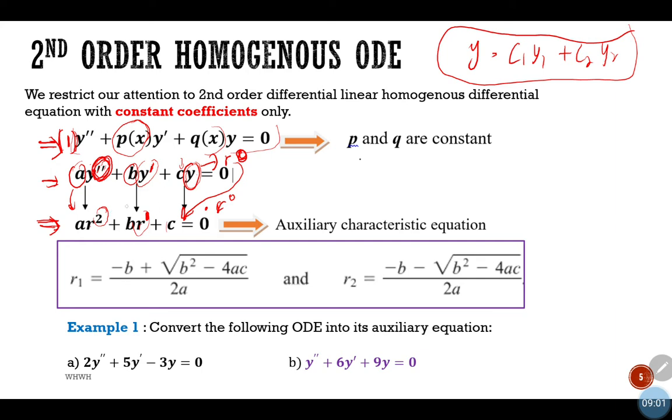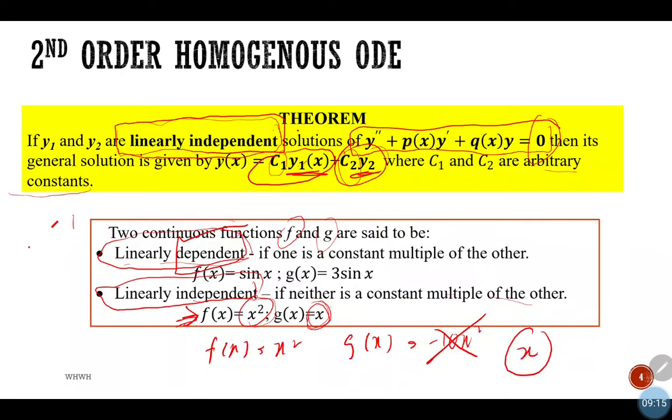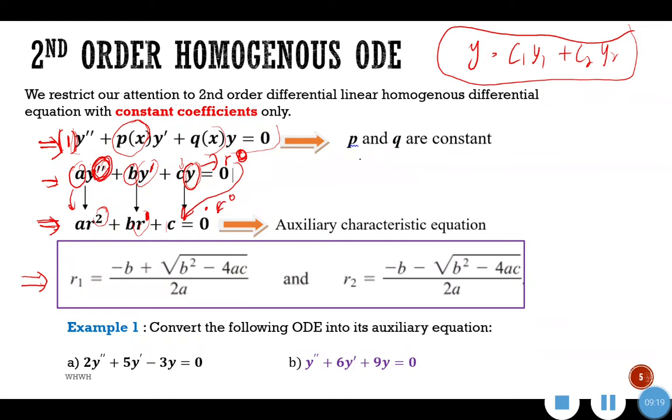So daripada sini, kenapa kita perlu tukar dia sebenarnya kepada auxiliary characteristic equation here? Because from here we are going to determine what are the roots or the value of r. Okay, because as I said, you regard this as quadratic equation. So there should be 2 roots lah, because r square ni kan.